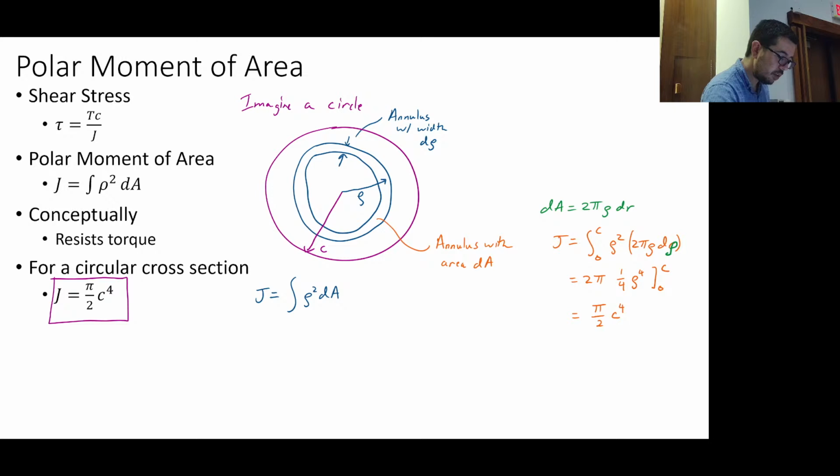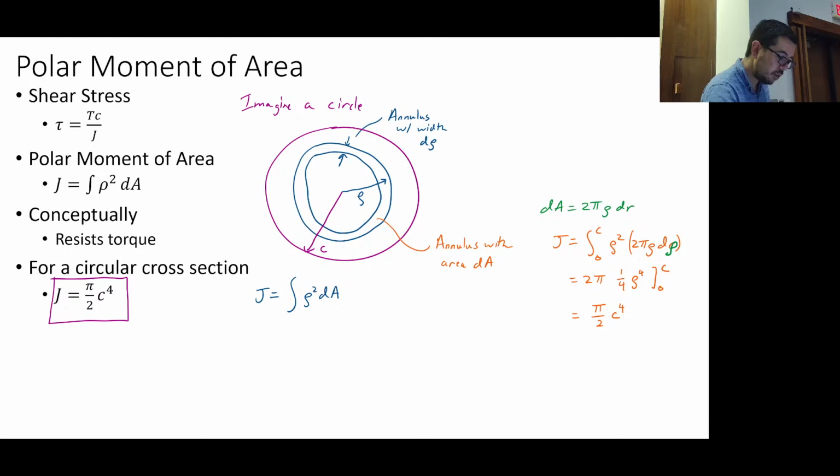Now, what is a polar moment of area? Well, one way to think about it is as this ratio between torque and shear stress. If you have a high polar moment of area, it's going to make your shear stress low for a given amount of applied torque.